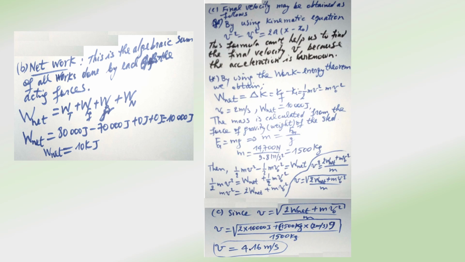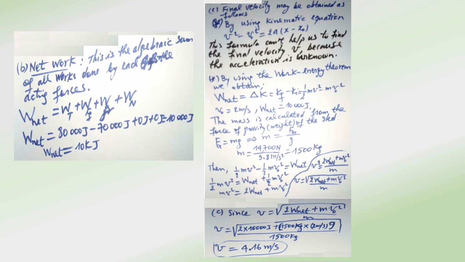kilojoules. There may be an additional question asking for the final velocity of the sled, considering that the sled started the motion with an initial velocity, let us say 2 meters per second. Here, by using the kinematic equation, v squared minus v0 squared equals 2 times acceleration times x minus x0.